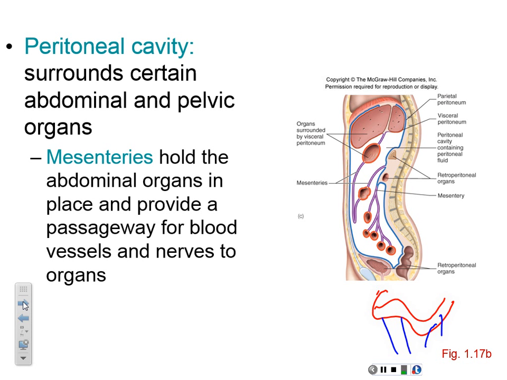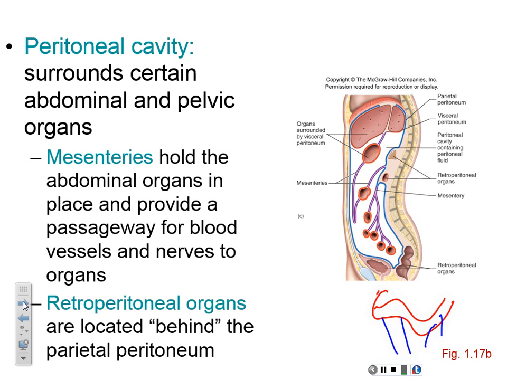Water is not coming out, things are not going through. If you have a blockage and things get backed up, it's no good. So they have to be nicely arranged so that things are flowing through nicely. So the mesentery gives it some organization so that nothing kinks up or is blocked.